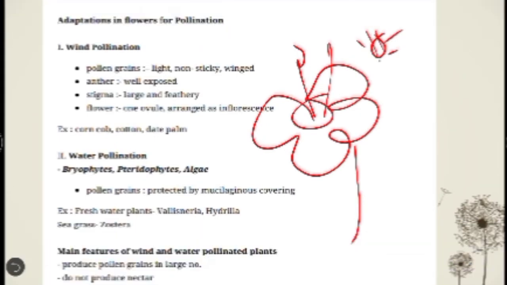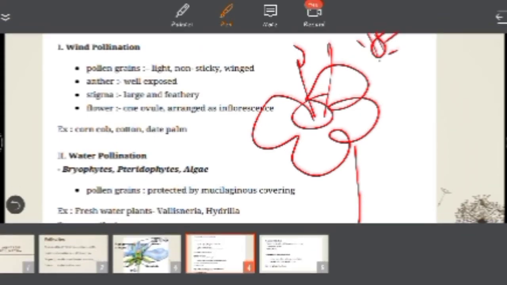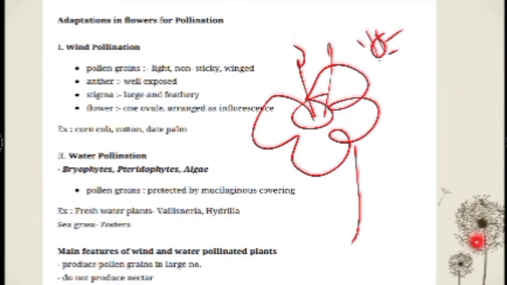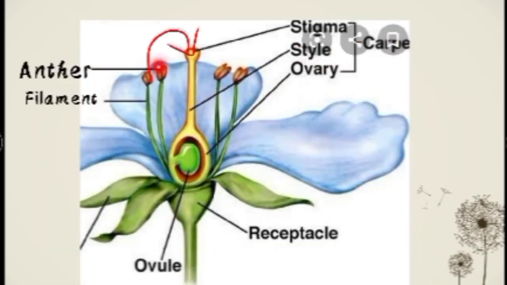Have you seen the structure of a dandelion? I'll show you this figure. Can you see here? If you blow, the dandelion seeds will fly away. If it is like this, you will see wind helping in the process of pollination in such flowers. And the anther of that flower must be well exposed. In this diagram you can see it is well exposed.